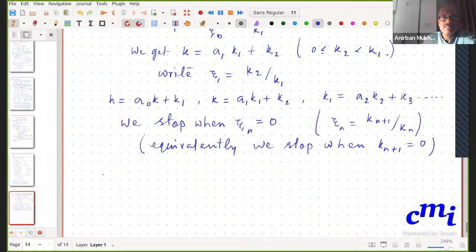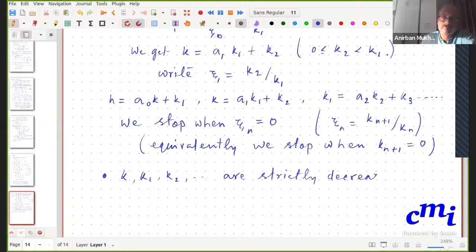The point is that k1, k2, etc. are all a strictly decreasing sequence of positive integers.